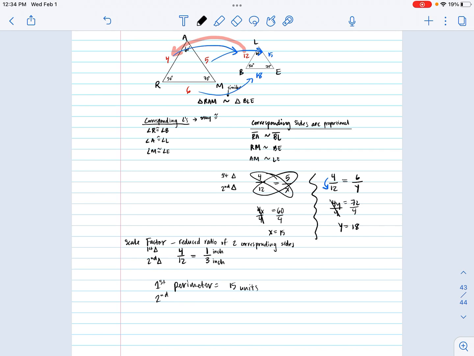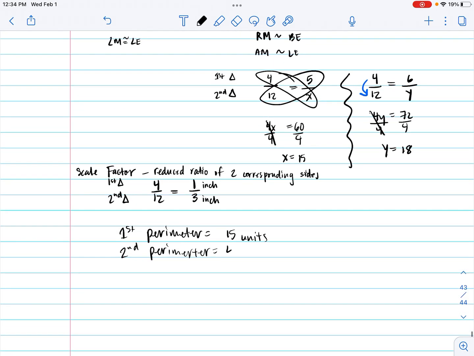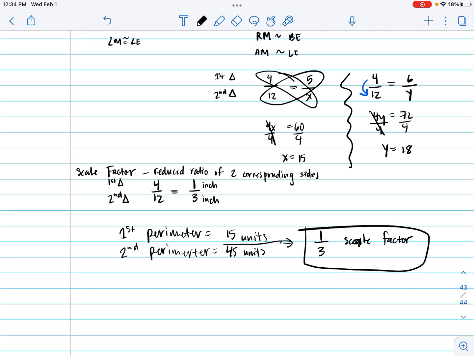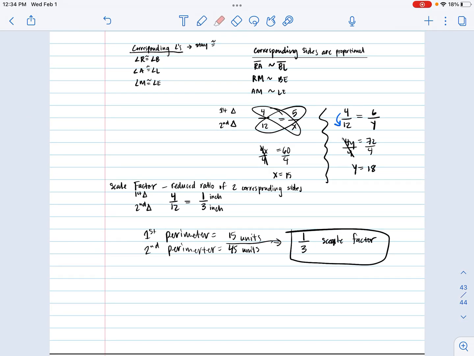And the second triangle's perimeter, if you notice, 12, 18, 15 make 45. And we get that exact same scale factor, 1/3, when you simplify these. So this is our scale factor, and we're going to use this a lot. This is going to make it a lot simpler if you can see it relatively quickly, but you can always trust your proportions as well, okay?